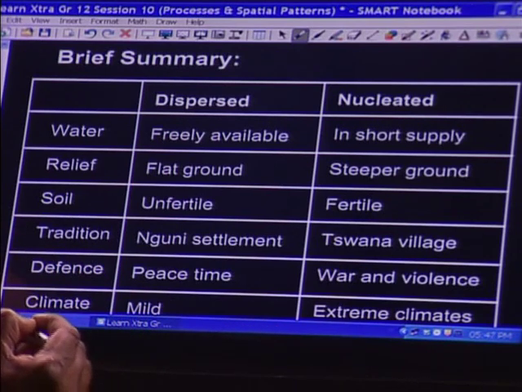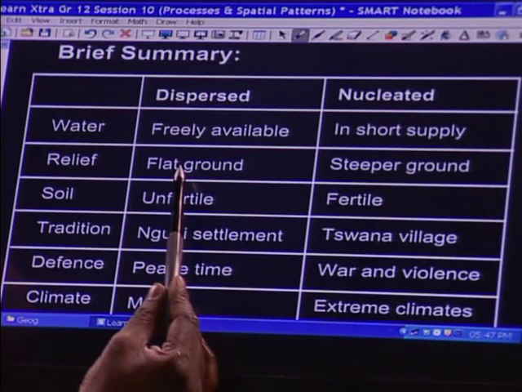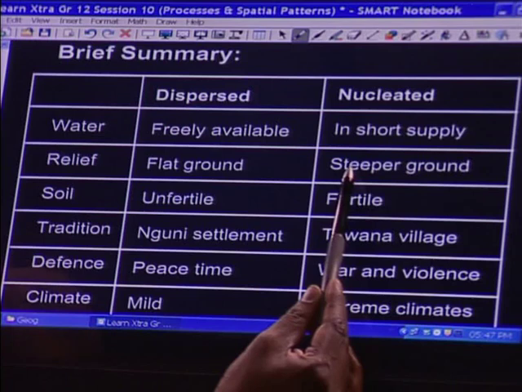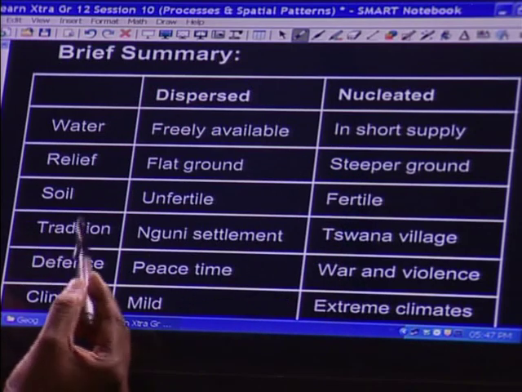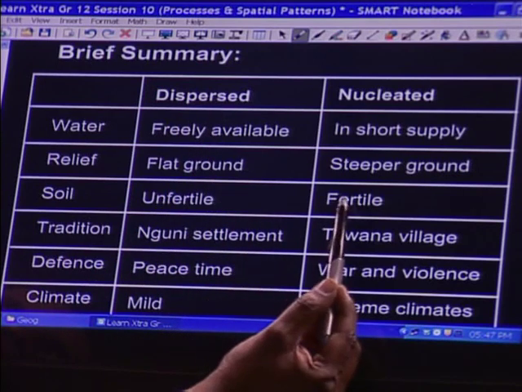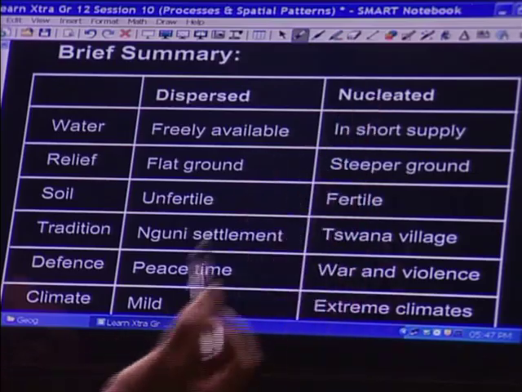Moving on, if we look at relief, dispersed settlements are generally spread out due to factors of flat land, whereas nucleated settlements are generally associated with steeper or more high-lying areas. Soil, fertile in dispersed, unfertile in dispersed as well as fertile in nucleated.